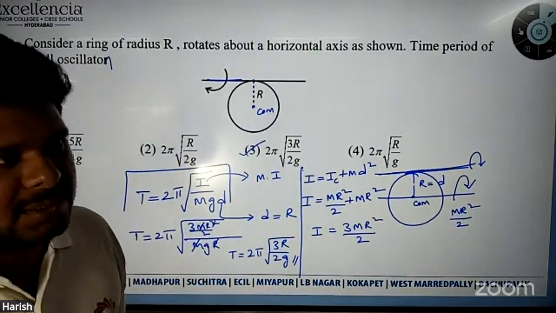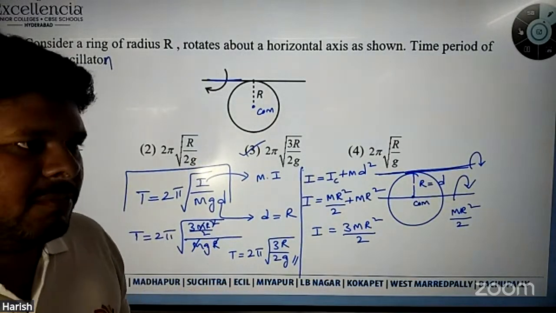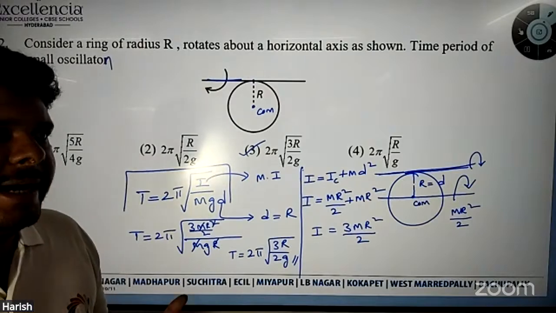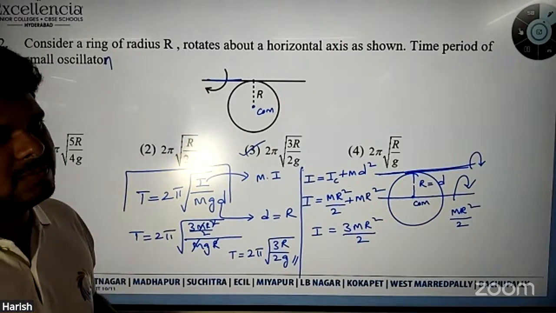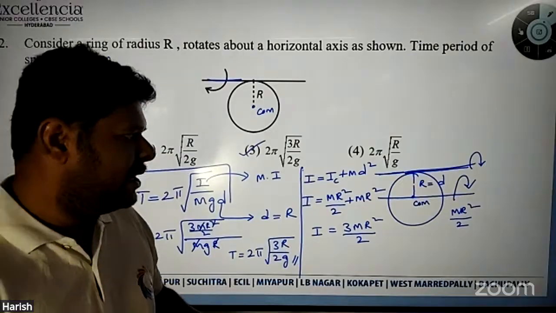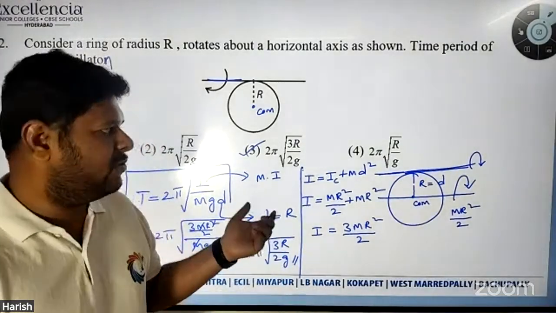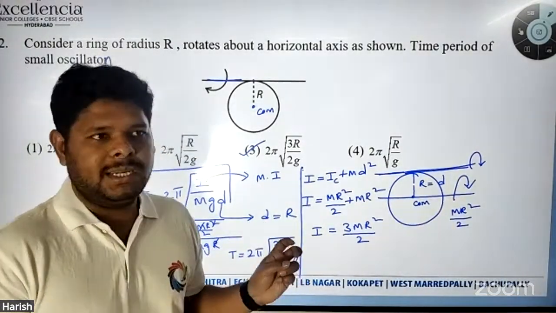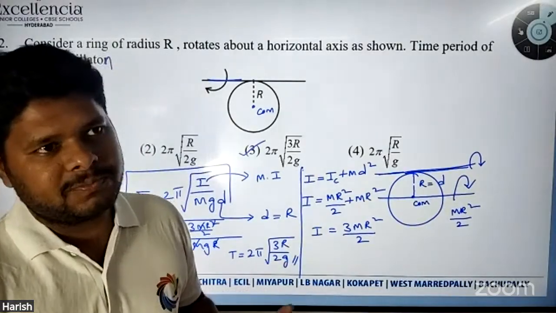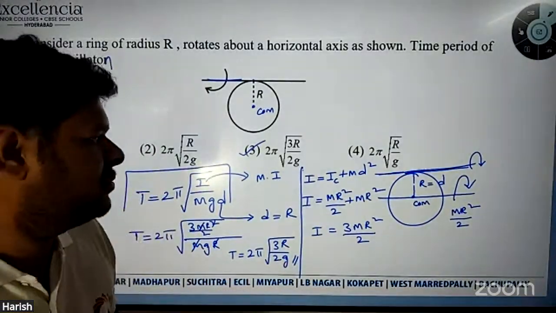So brush up all the formulas once again, and that gives a greater chance to get more score. And be careful, dear students, as the papers are somewhat easy to moderate. Negative marks will play a vital role, so be careful.